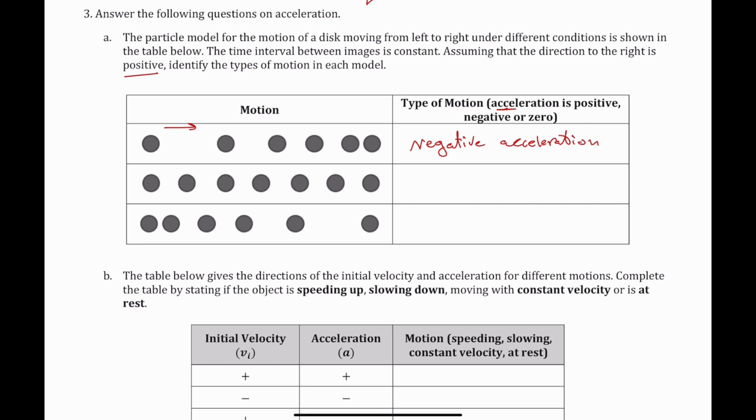This one, constant velocity, because the distances are equal, so zero acceleration. This one is showing that the object is speeding up, the distance is increasing, so positive acceleration.